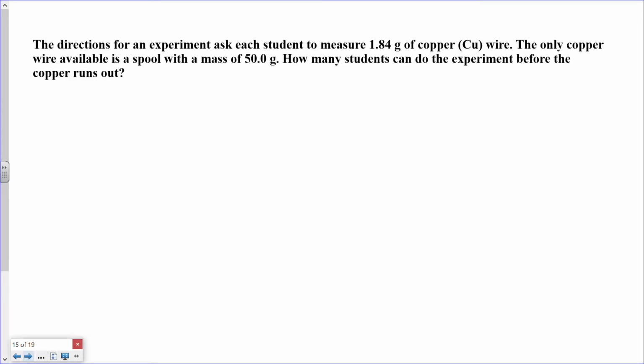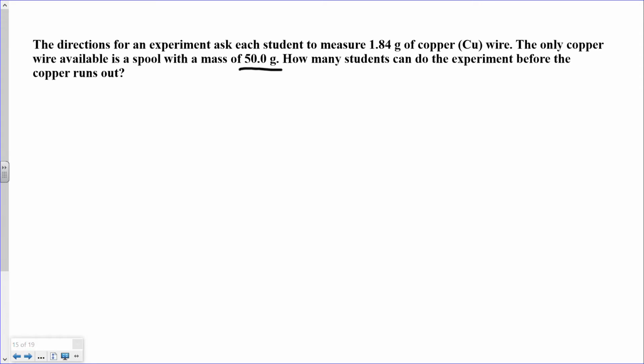In this problem, it says the directions for an experiment ask each student to measure 1.84 grams of copper wire. The only copper wire available is a spool with a mass of 50 grams. How many students can do the experiment before the copper runs out? So the starting unit that we have here is that we have 50 grams of copper wire.